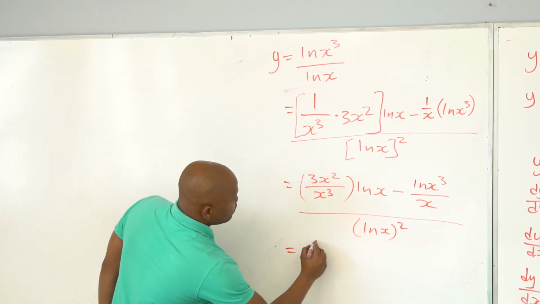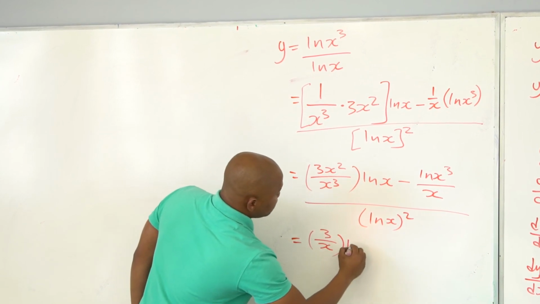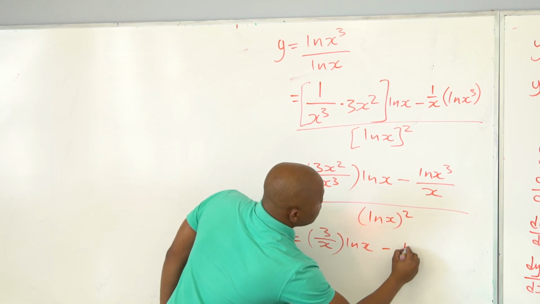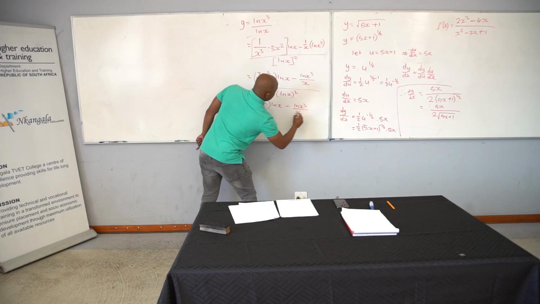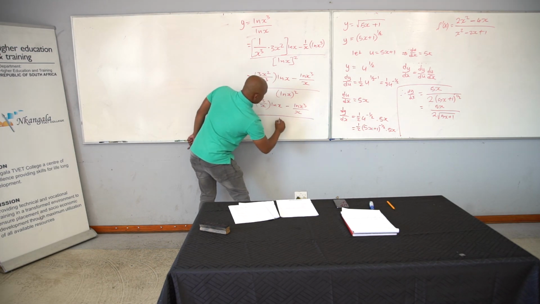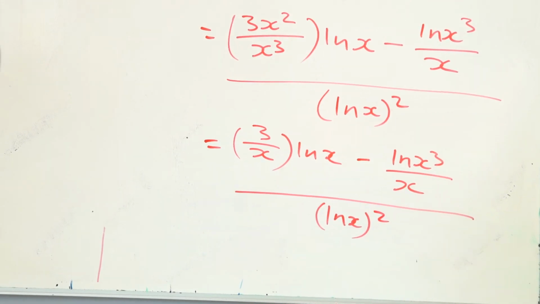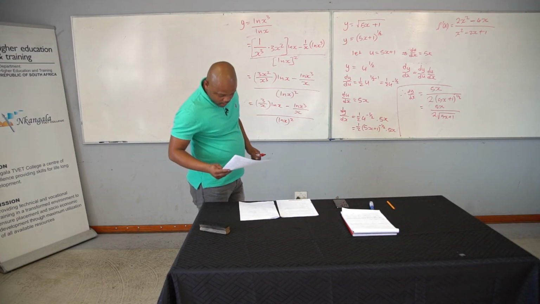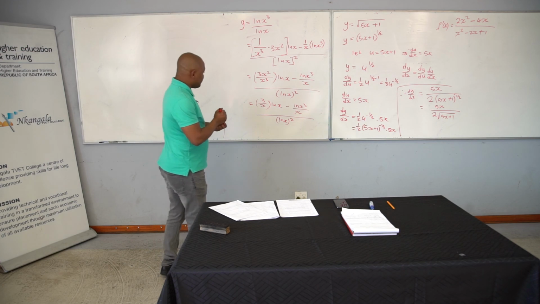You are left with 3 over x multiplied by ln x, and then minus ln x to the 3 all over x, divided by ln x squared. Let's see how much was that for, so that we can know whether we leave it here or we have to. It was out of 4 marks.